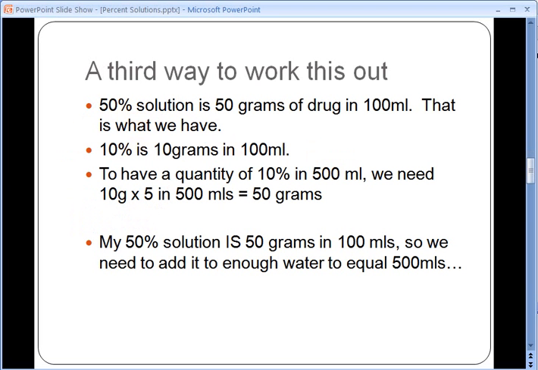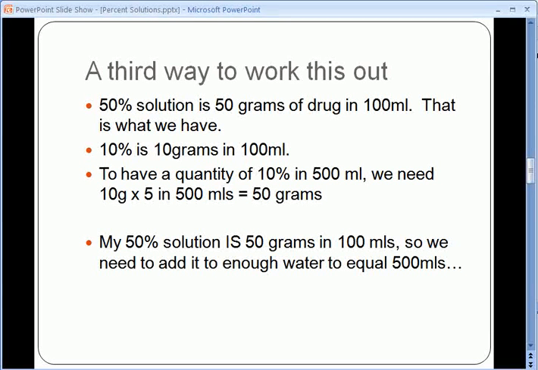There's a third way to work this out. If you just think about the percent solution rule, that the percentage is the number of grams of drug in 100 mLs. So I have a solution that's 50%. It's 50 grams of drug in every 100 mLs of fluid. I'd like to end up with 10%. 10% is 10 grams in 100 mLs.